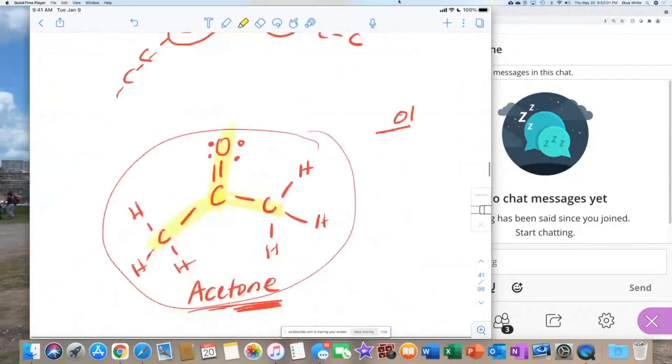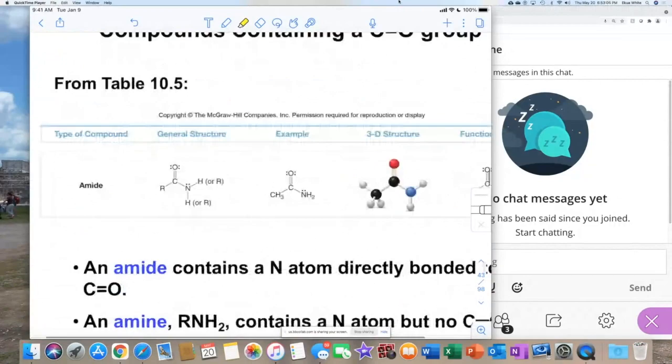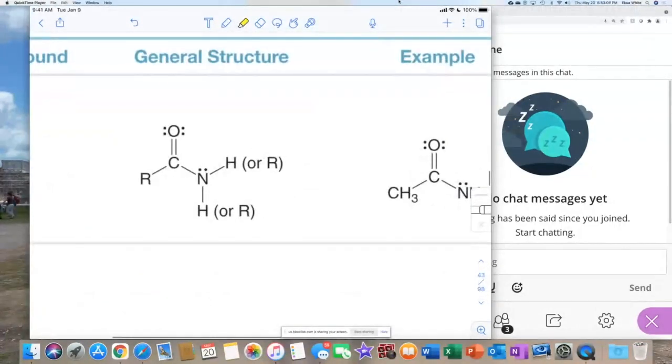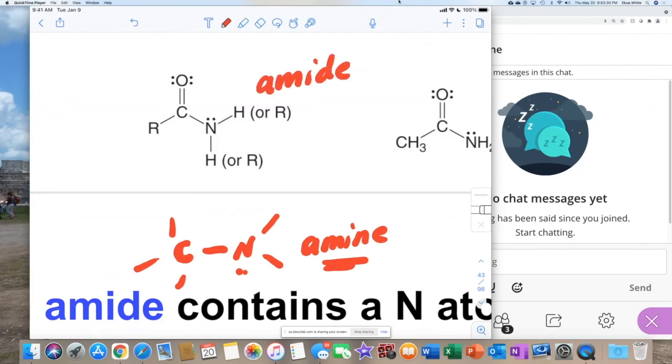There was one more group that I realized they had here that I hadn't talked about. That was the amide. Amide right here. So yesterday we talked about the amine, right? Yesterday I mentioned if you have a carbon attached to a nitrogen, and these can be attached to other things, this is an amine, okay? Now this one here is called an amide. What's the difference?